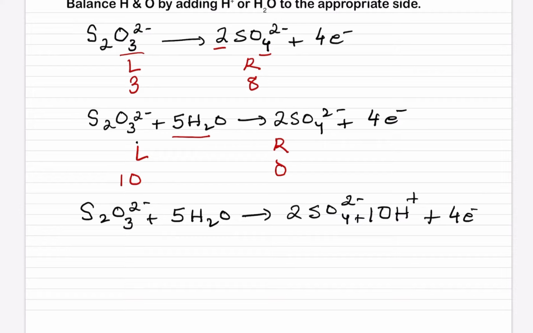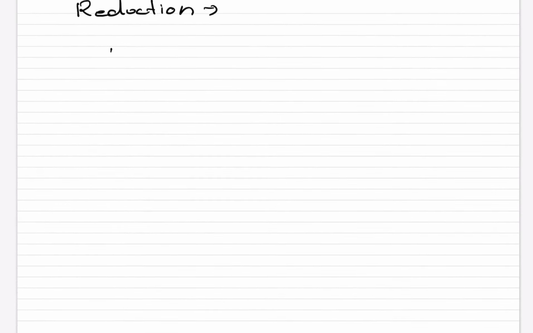Now we are left with the reduction reaction, and that is for MnO4- plus 5 electrons will yield Mn2+. We first start by balancing oxygen by adding H2O.